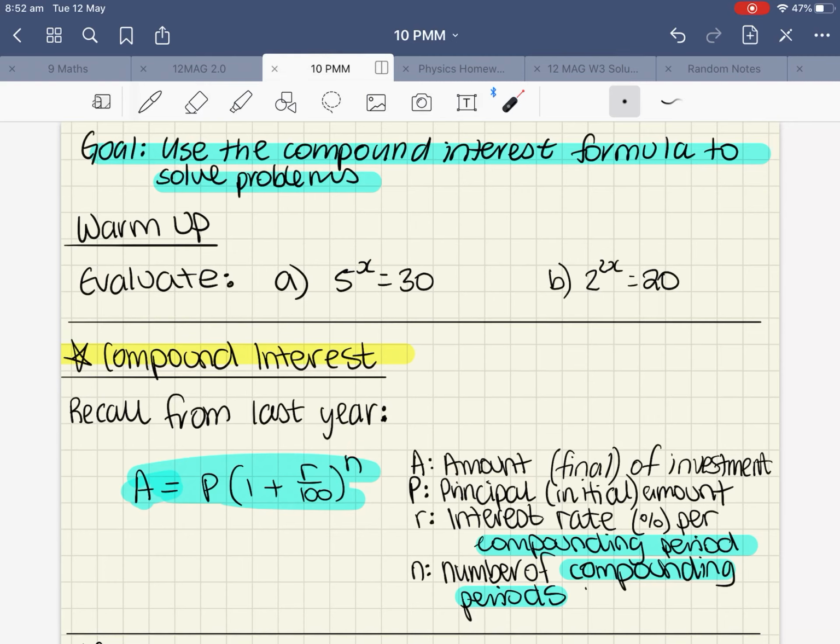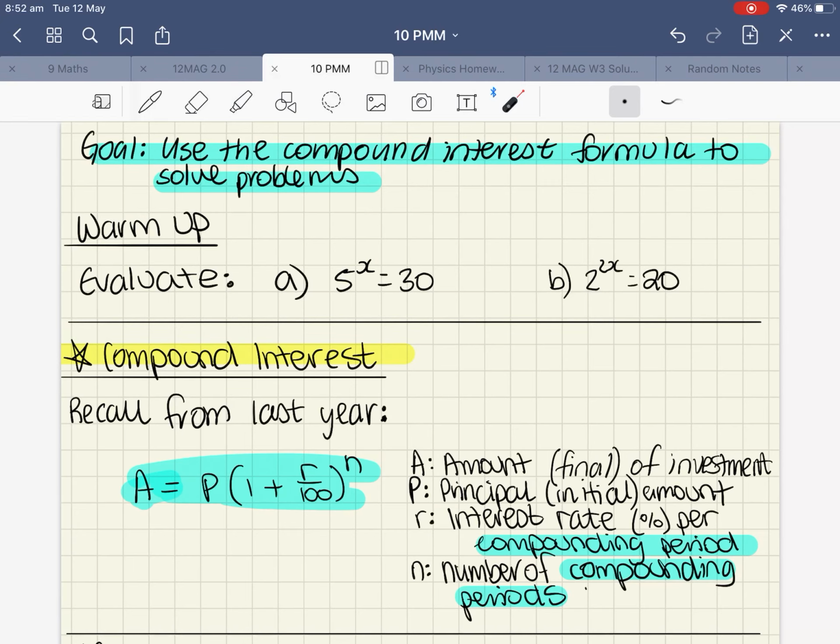So A is equal to P outside of 1 plus R on 100 to the power of n, where A is the final amount of the investment, P is the initial amount you invested, R is the interest rate as a percentage per compounding period, and n is the number of compounding periods. The compounding period is just how often it compounds and pays you out interest.